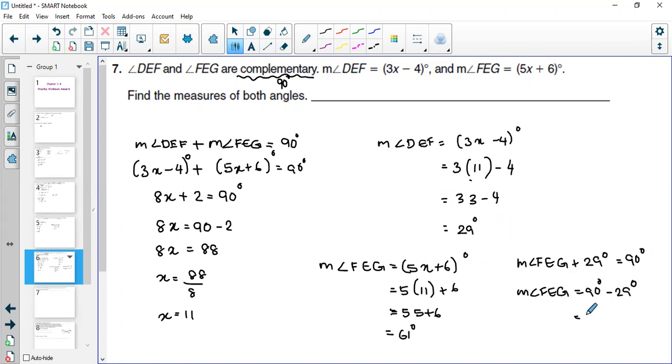So that's again going to give you 61 degrees. So the measure of angle FEG is also going to be 61 degrees as well. So either you use this method or you can use this. However, both of them will give you the same answer.